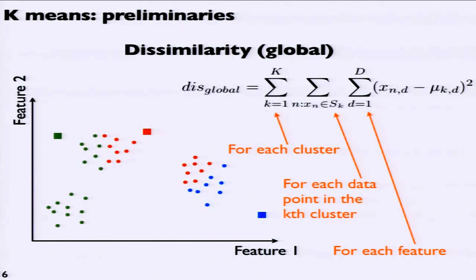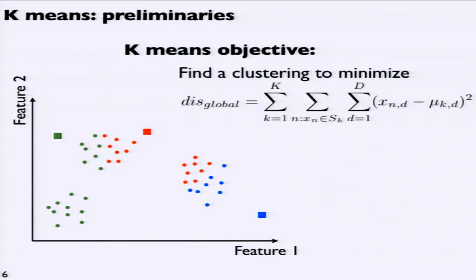If all the data points in the cluster are very close to the mean, this is going to be small, and that represents clumpiness and a good cluster. If all the data points are very far from the mean, then that's bad, and we have a disintegrated cluster, which is not very good. Our goal then is to minimize this global dissimilarity metric. That will be our objective.